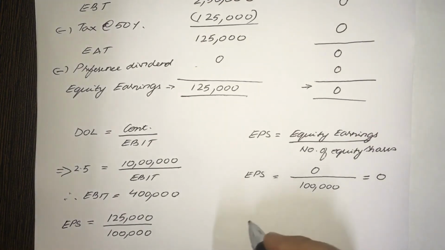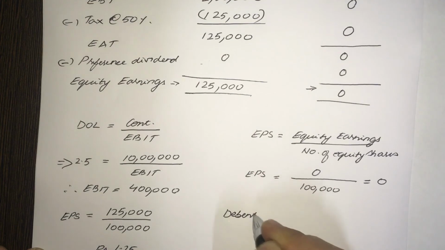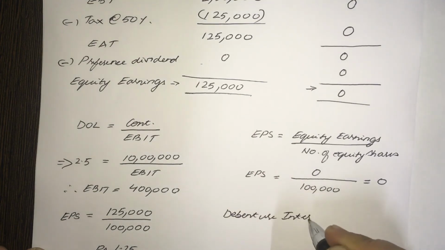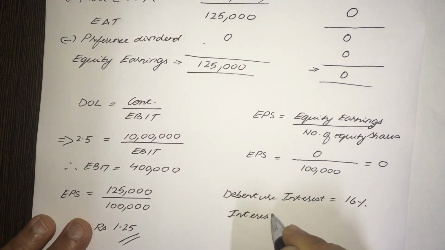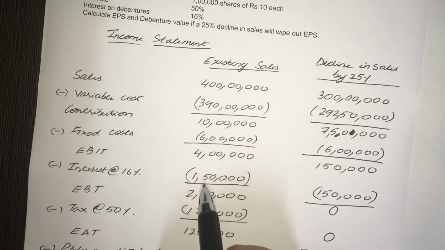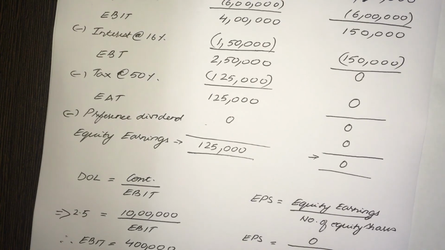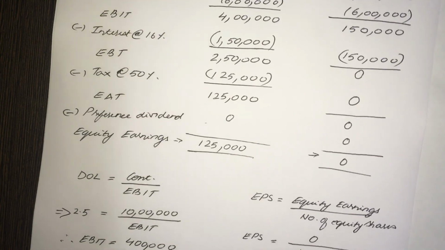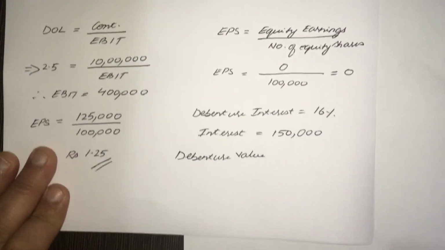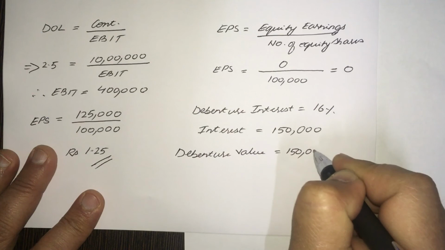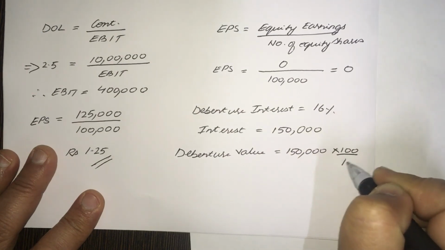Now the debenture interest is 16%, which is given in the problem, and your interest is also given: 1,50,000. Therefore, debenture value will be equal to 1,50,000 into 100 divided by 16.